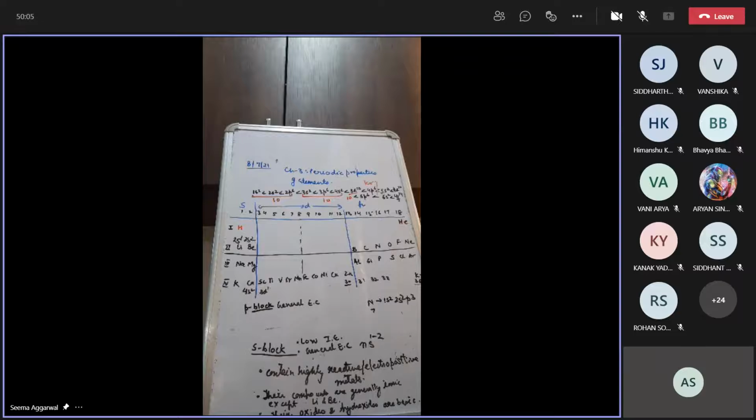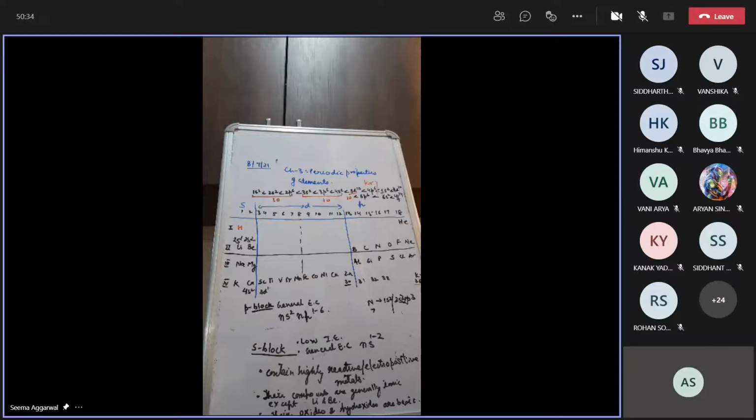P orbitals contain 6 electrons. So this is the valence shell. ये हो गया ना n की value 2. The general electronic configuration is ns2 and np, the highest value of n. जैसे अगर ये 2s होगा तो this will be 2p, and p orbital contains 1 to 6 electrons. P orbital में maximum electrons आ सकते हैं 6. So for P block elements, their general electronic configuration is ns2 np1 to 6. These are all one-marker questions.